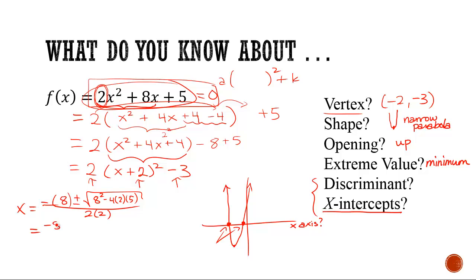So let's try that out. Negative 8 plus or minus the square root of 64 minus 8 times 5. So that'll be 24 and then over 4. 24 can simplify, to negative 8 plus or minus 2 root 6 over 4. And that can also simplify by factoring out a 2.